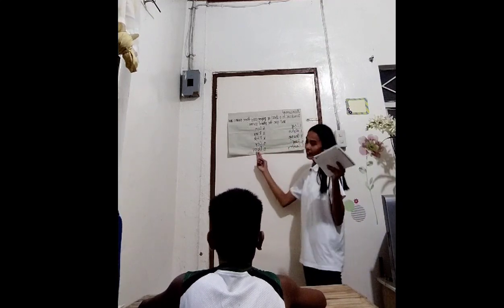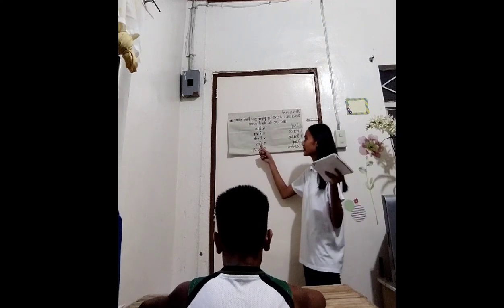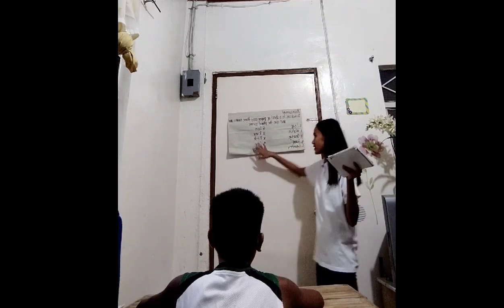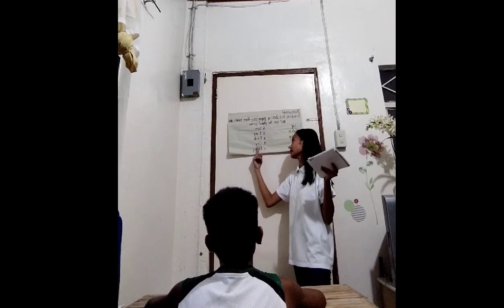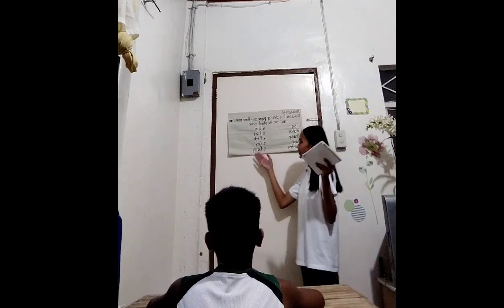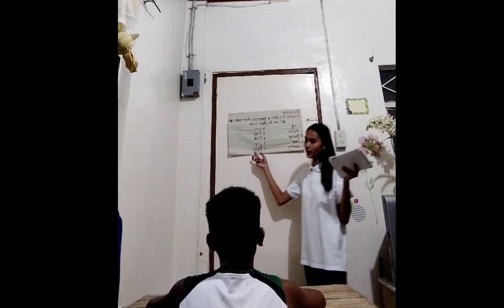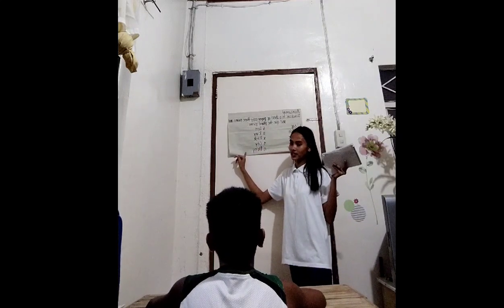Number 10, daisy. Daisies. Like the word city, we replace Y with IES. The word daisy is singular, and the word daisies is a plural noun.